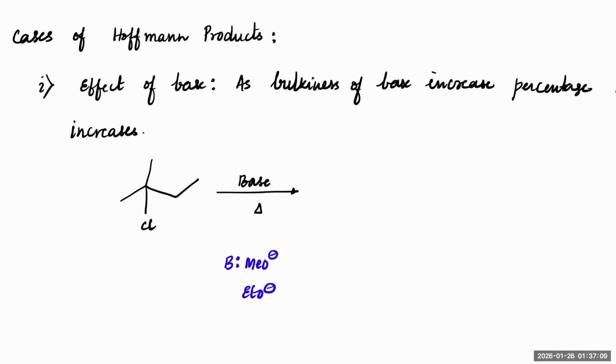But is it the same in the case of E2? Answer is no. In the case of E2, there are certain cases where you'll always get Hofmann as a major product. So now we are looking into those cases where Hofmann specifically can become a major product. Got it? Now let's look into those cases.